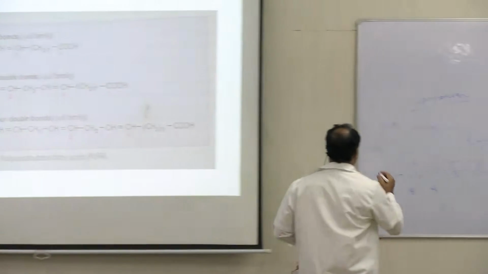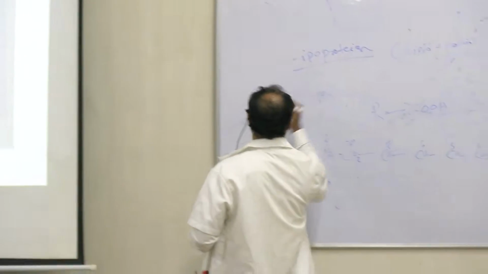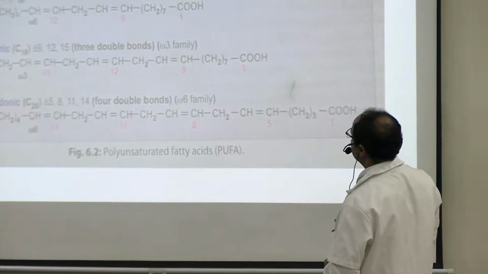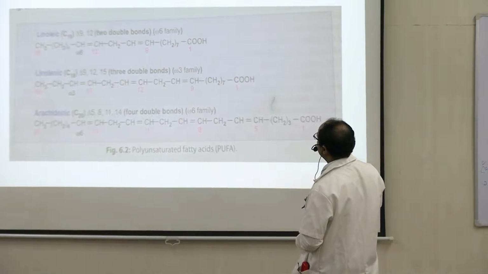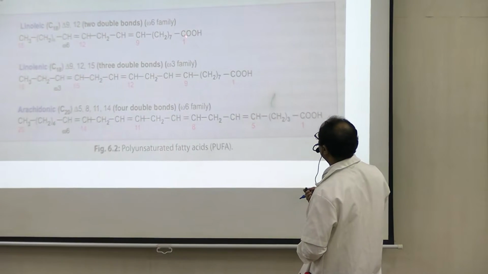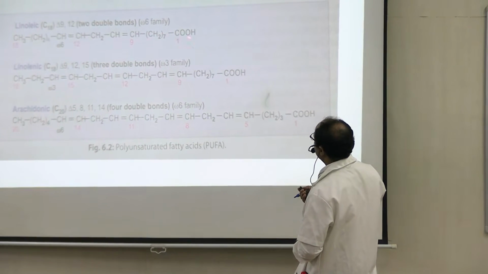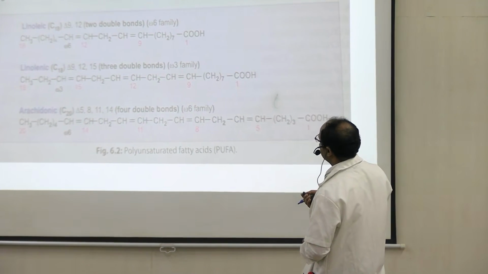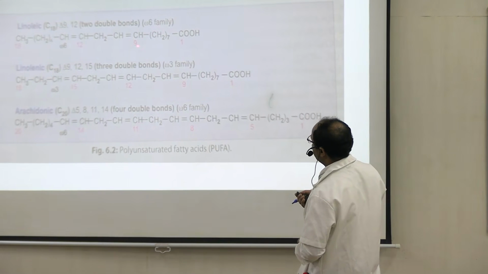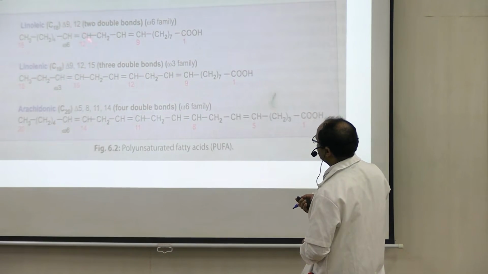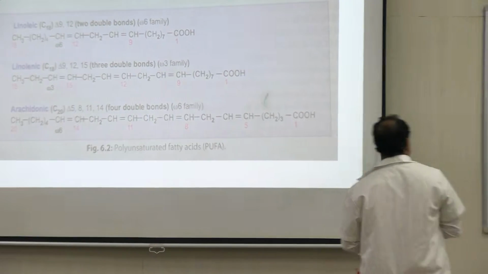Then you have to write here 2. Next, it has double bonds. If you start from here, 1, 2, 3, 4, 5, 6, 7, 8, 9. So it has one double bond at 9, and there is 12. In between 9 and 10, one double bond; 12 and 13, a double bond. So you can write them here like this.